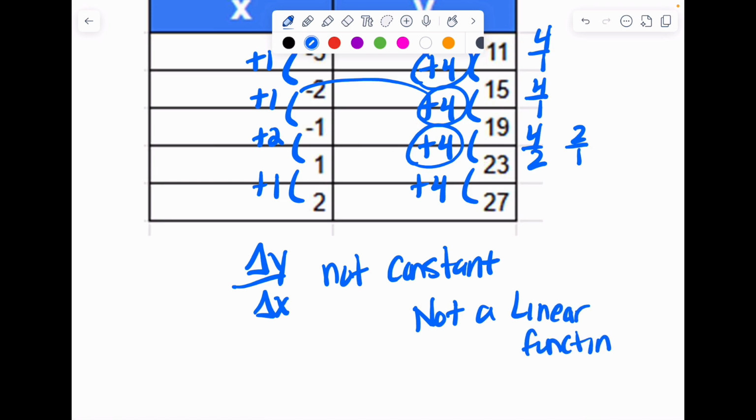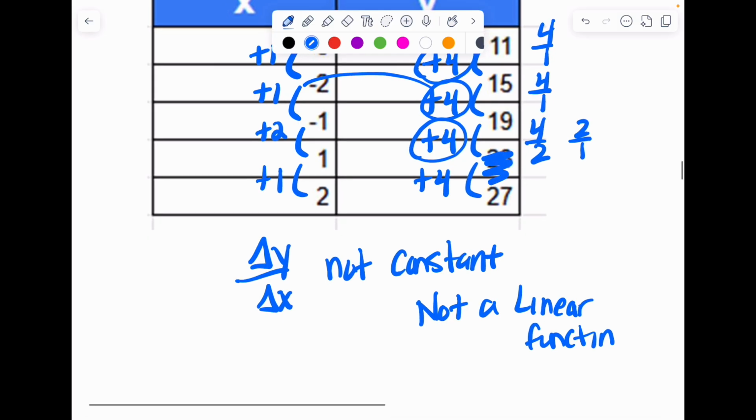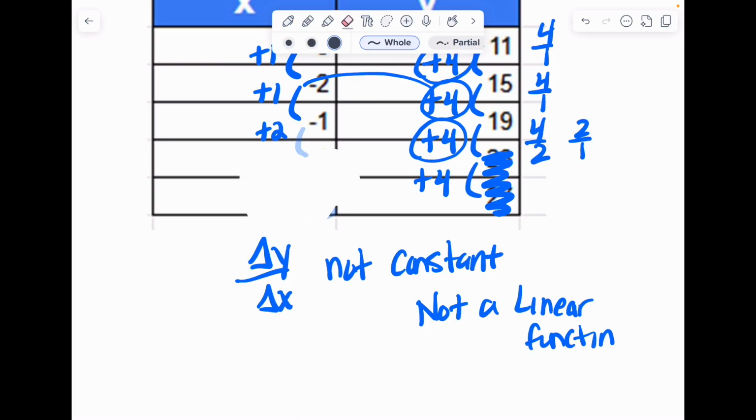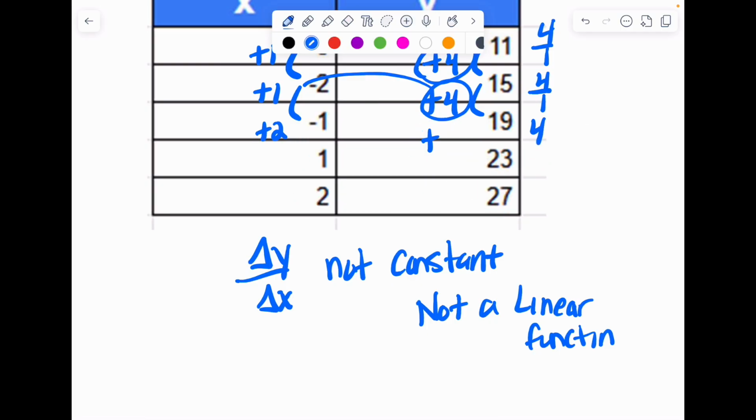But if this had been, instead of it being 23, let me take these out of the problem. Actually, let me just do a little bit of erasing here. If I would have made this 27, wouldn't this have been 19 to 27, a plus 8?